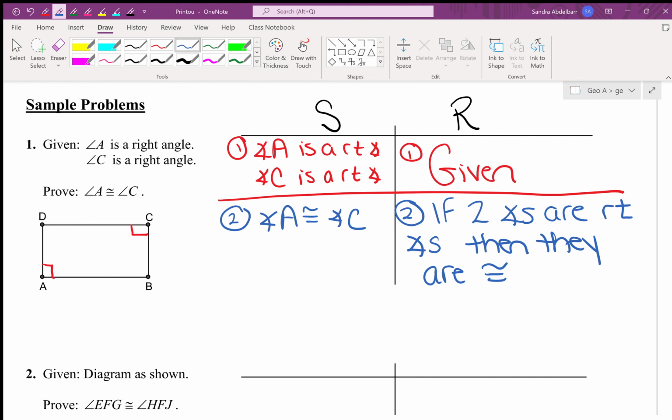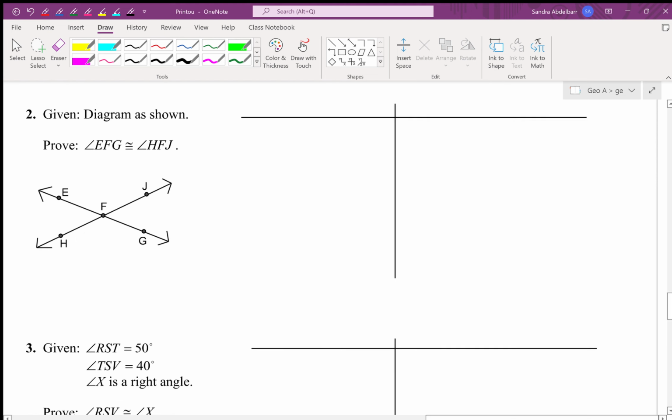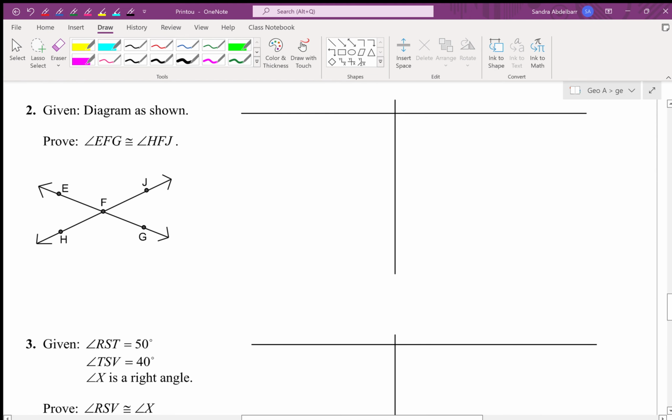All right, we ready for the next one? All right, number 2. We're going to put an S and an R for statements and reasons. The given is diagram as shown. Is there anything to mark for diagram as shown? No. Do we still need to write it in our proof?